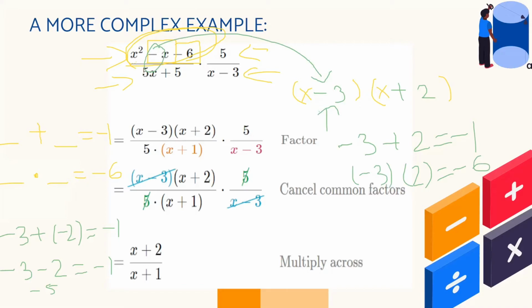Wait, Maggie, you said no to what? -3 plus 2 does not equal -1. Oh, here, Maggie, look.